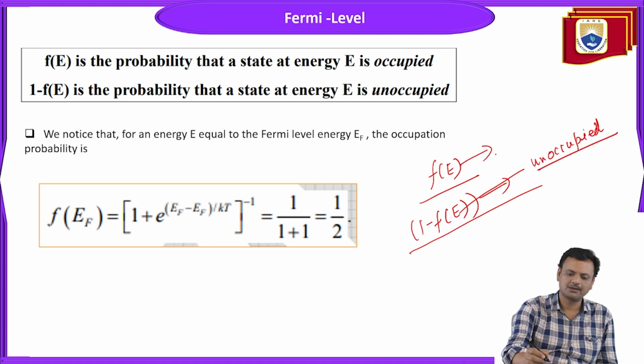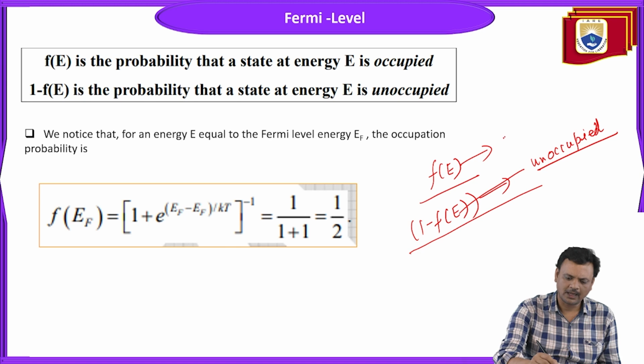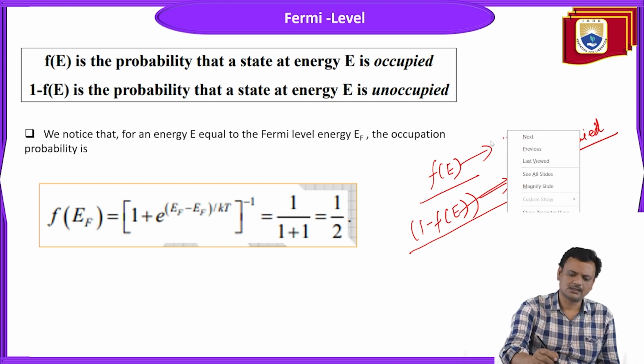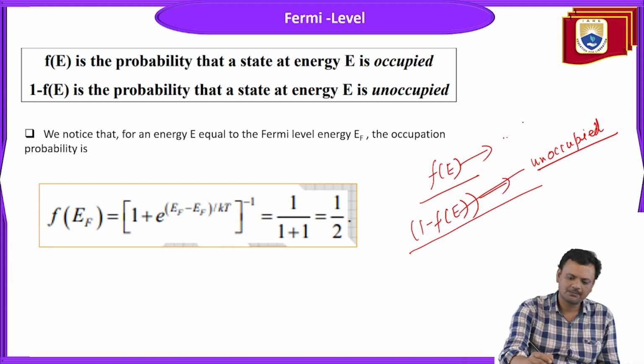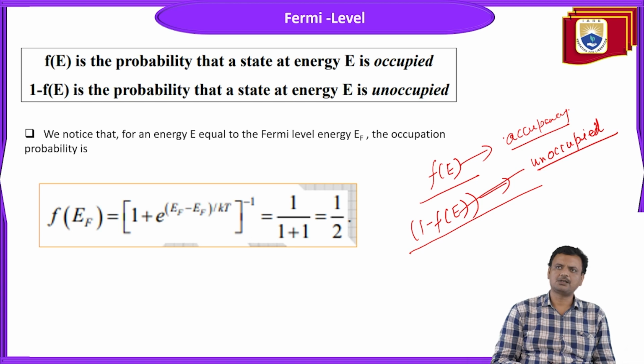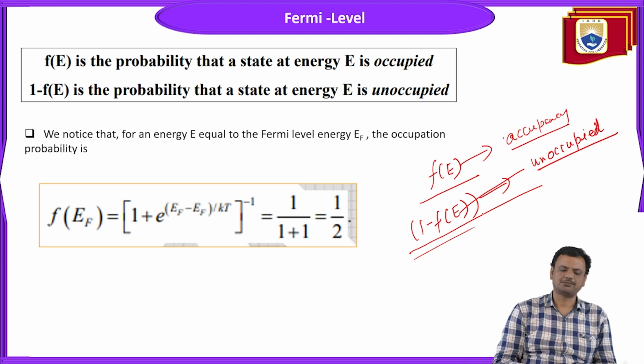If f of E gives the probability for occupation, that is, the probability that energy level E can be occupied with available particles, or in the case of a solid, available electrons, then the corresponding probability for an unoccupied level will be given by 1 minus f of E.